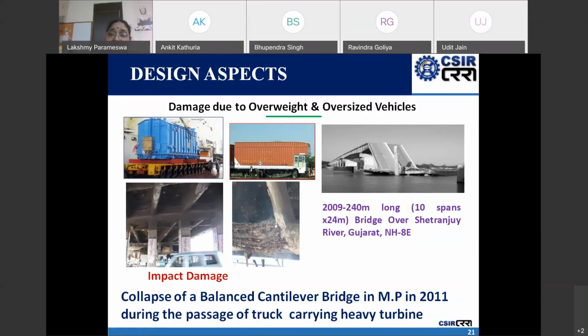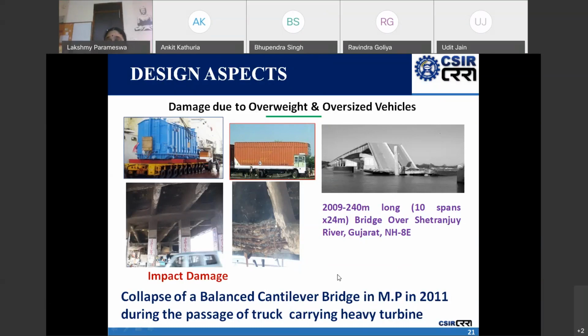And generally our IRC loads, which we consider for the design, may be something like 100 plus some impact factors, or maybe something like 150. So whether the existing road network will be able to take such heavy loads, that itself is a big question mark. So these are some of the failures which happened in 2009 and one in 2011 in MP.